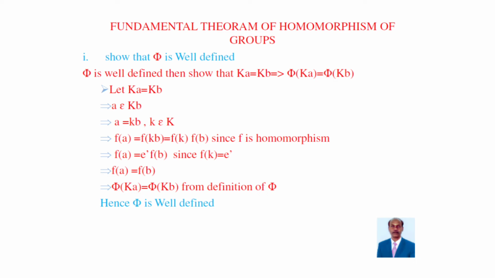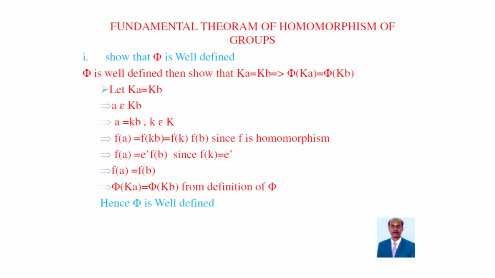So e' f of b gives f of b. So f of a equal to f of b. According to the definition of pi, f of a means pi of Ka, and f of b means pi of Kb. So pi of Ka equal to pi of Kb. From this we conclude that pi is well defined.